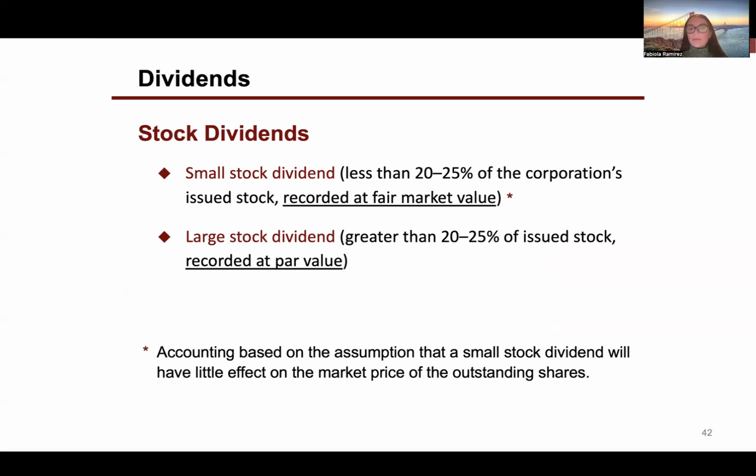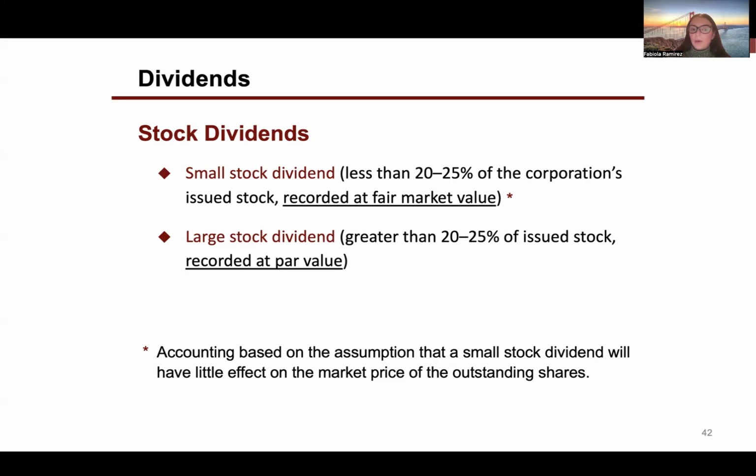There are two types of stock dividends. The first is considered a small stock dividend, where less than 20 to 25% of the corporation's issued stock is distributed. When a corporation issues a small stock dividend, it is recorded on the books at fair market value.